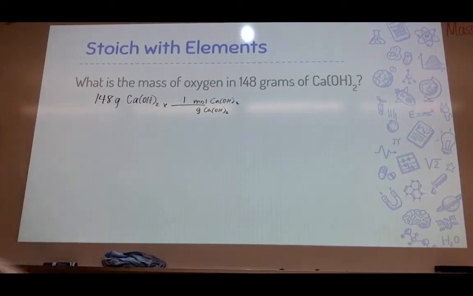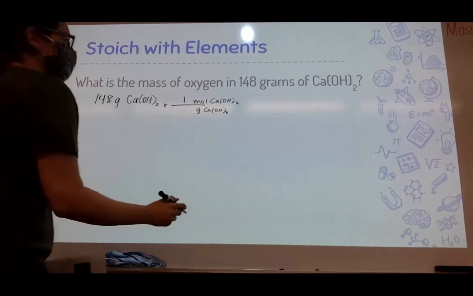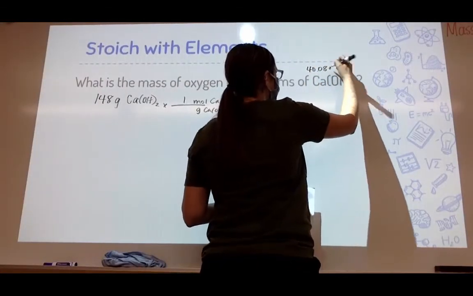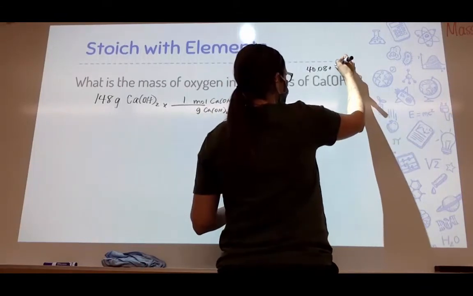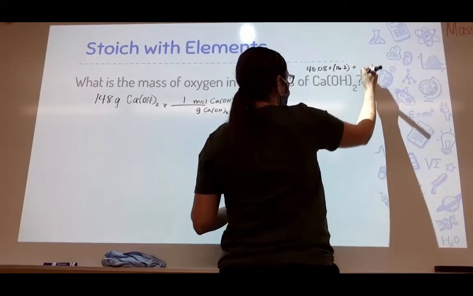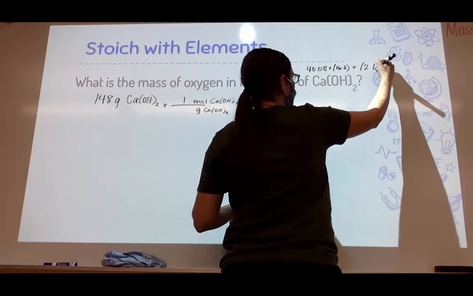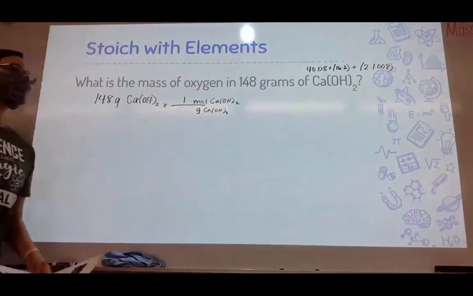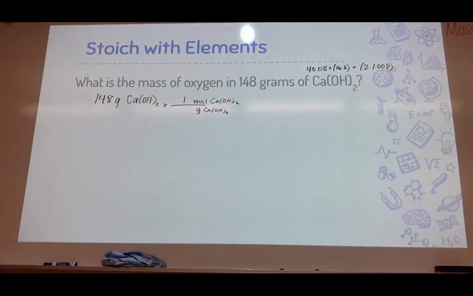So we look at our periodic table and we have 40.08 plus 2 oxygens, plus 2 hydrogens. We always use 1.008 for hydrogen's molar mass. Essentially just use what's on that periodic table.